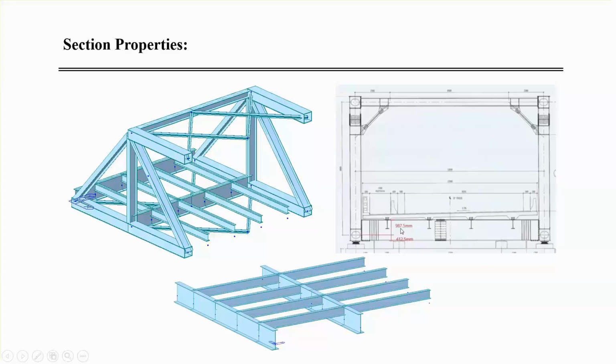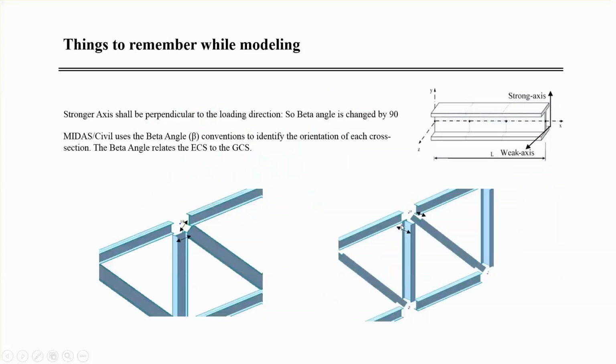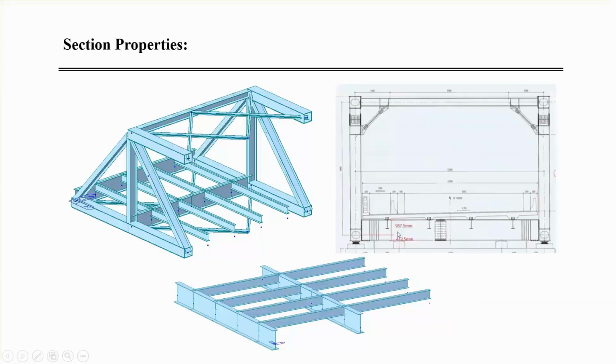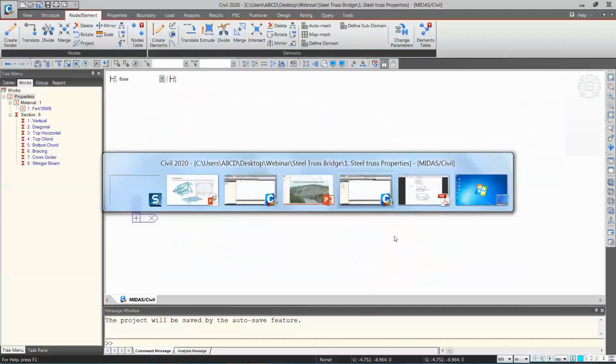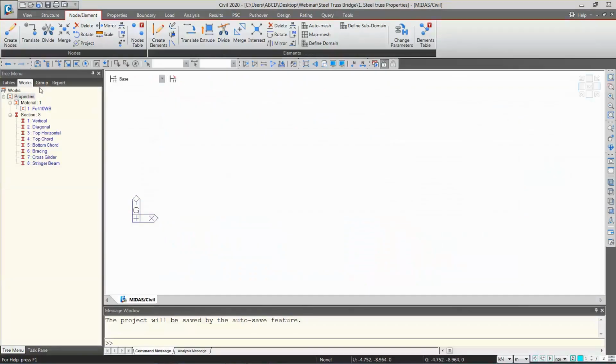These offsets shall be entered under the section properties tab while creating the section. One has an offset of 412.5 mm, and the stringer beam has an offset of 987.5 mm. The same you will find here. I already have one file, so let me close the first one.